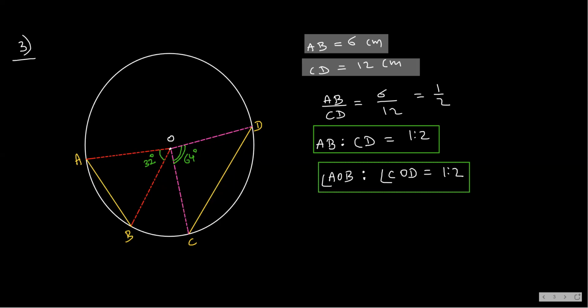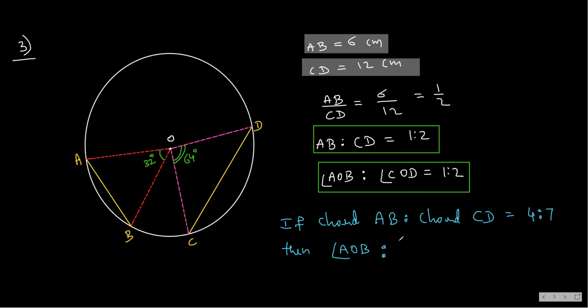Suppose I have, what I can say is, if chord AB is to chord CD is equal to 4 is to 7, then angle subtended by chord AB, that is AOB at the center, is to angle subtended by chord CD at the center, that is angle COD, will also be 4 is to 7.